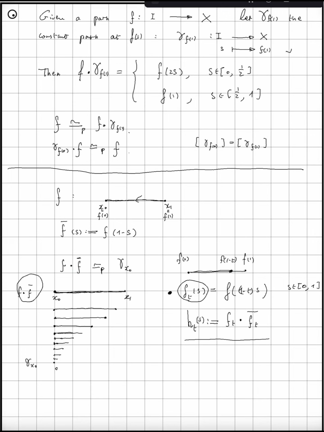And let's define this h t of s to be f t concatenated with f t bar. So this really starts as this one, and then when you increase t, this will become stopped at halfway and then coming back. And if you keep increasing t, this will finally stop at this point. So this would be our h0. This is our h1.